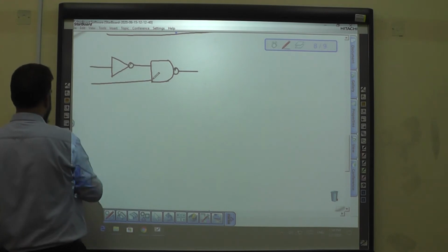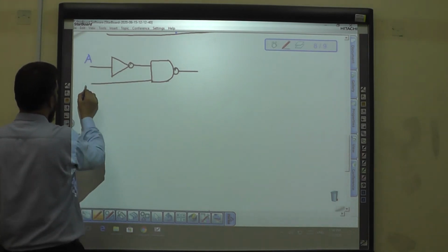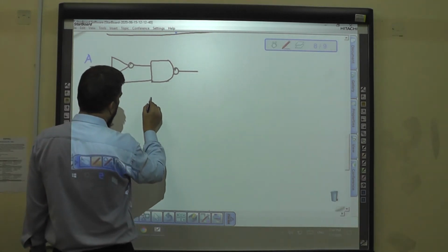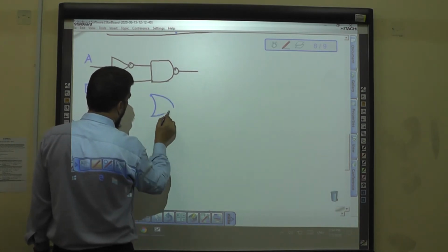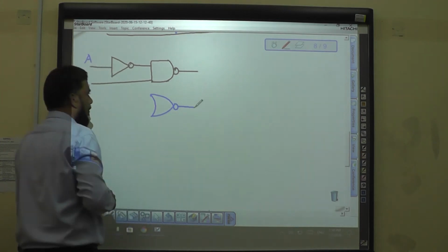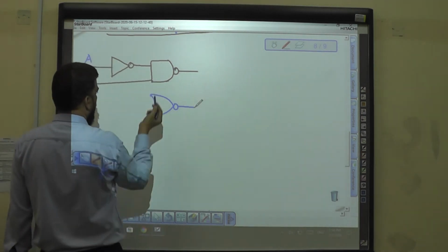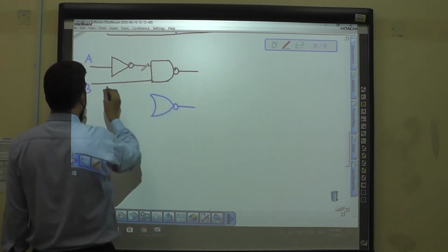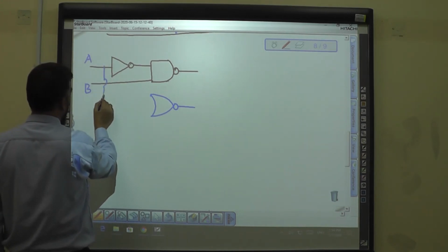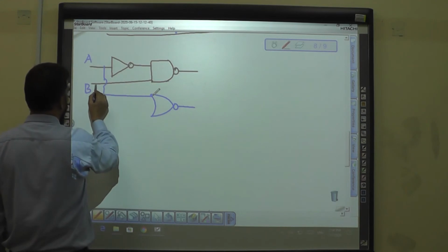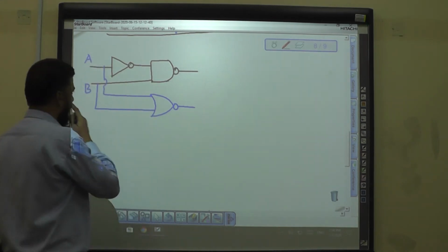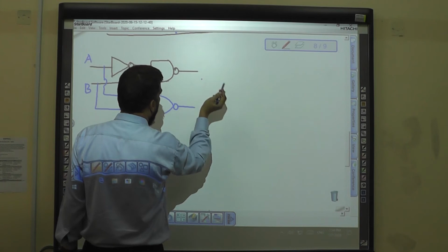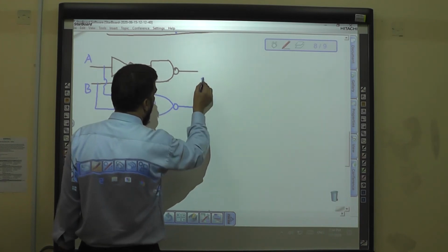Say this is A and this is B. And we have one more NOR gate, with one input as A and another input as B. And the output of this NOR and NAND gate is given to an XOR gate.